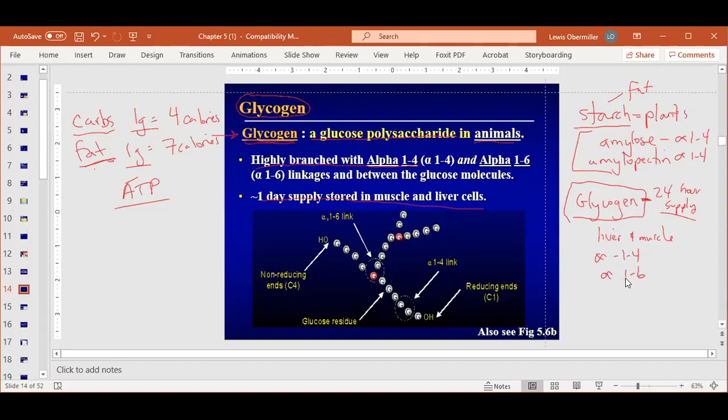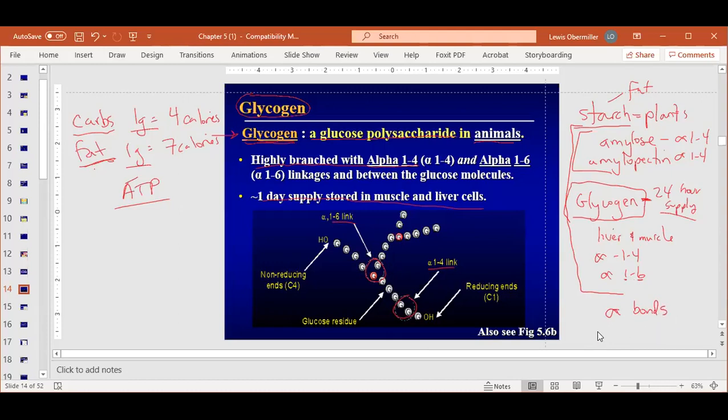Remember, that's just between the number 1 and the number 6 carbon. I'm not going to draw it out. You can look at the other slides to figure out where the bonds are, but that's the difference. And you can see here, this is an alpha 1,6 linkage. Here's an alpha 1,4 linkage. So they can have both, but the main point of all of this is that all of these have alpha bonds in common.